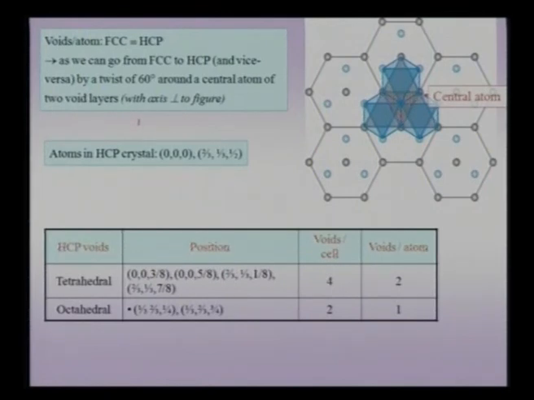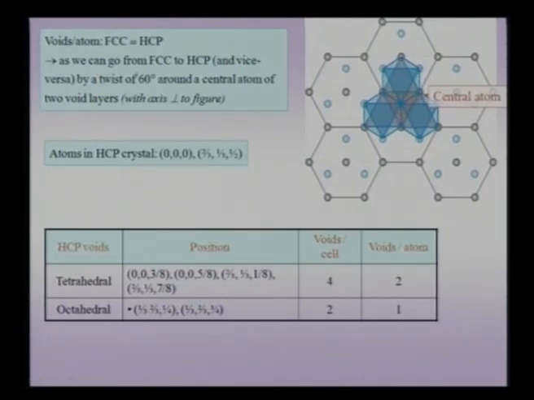Now, I would also like to know how many voids are present per cell, and this calculation again can be performed either based on the diagrams I am showing here or based on the void models I am using. So, the number of voids per atom in FCC and HCP, we will see this, that when I am making a layer by layer construction of void models, I can go from an FCC to an HCP crystal by a 60-degree rotation around the central atom.